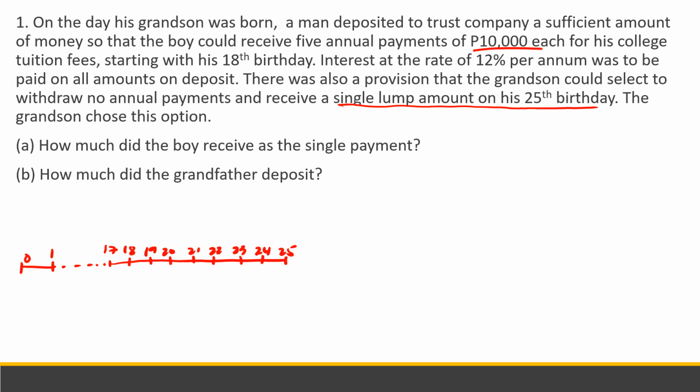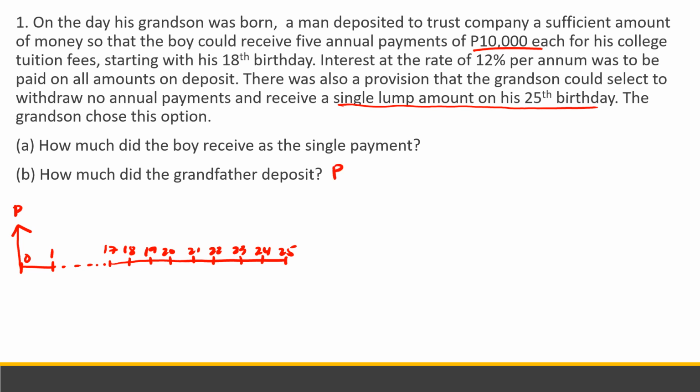So this is the timeline for the 25 years. So the grandson was born at year 0. So this is where the grandfather will deposit an amount P. Okay, so yan yung magiging, so this is P, the deposit niya.